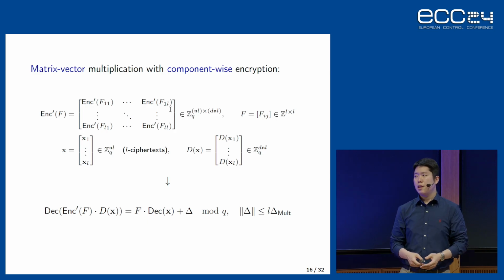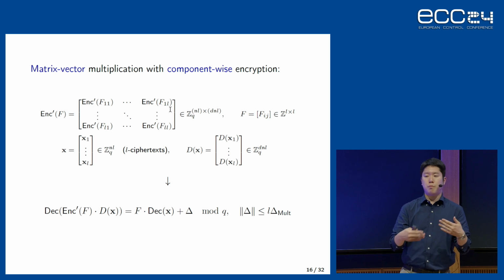So multiplication by scalars is implementable, and also matrix vector multiplication is implementable because it is nothing but consecutive operation of addition and multiplication.